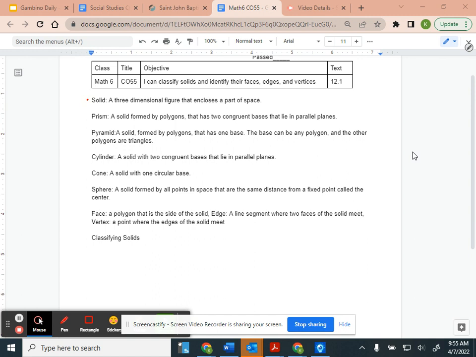A prism is a solid formed by polygons that has two congruent bases that lie in parallel planes. Oof, that sounds a little confusing, but think of what a prism looks like. It's going to be three-dimensional.